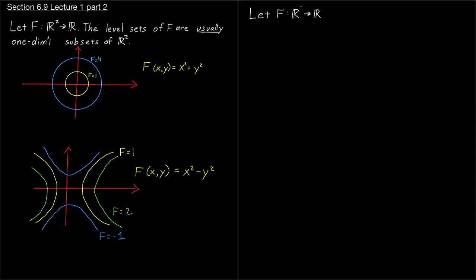Let's say we've got a function from R3 to R. Then the level sets of f are usually, but not always, nice two-dimensional subsets of R3. It's 3 minus 1 equals 2 where the 2 is coming from.